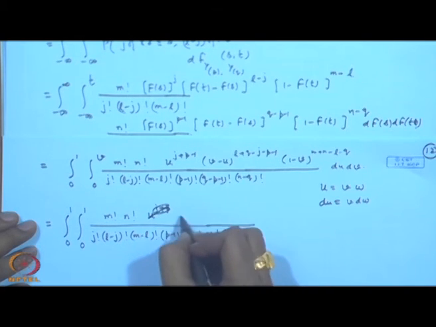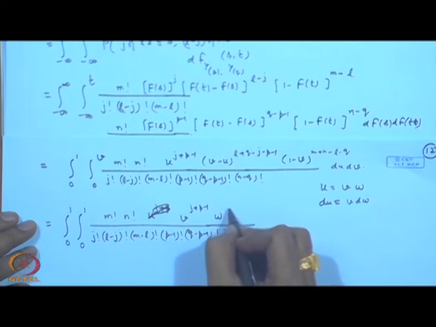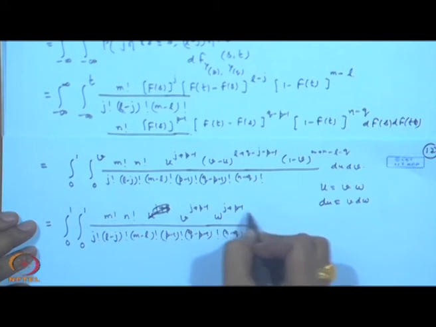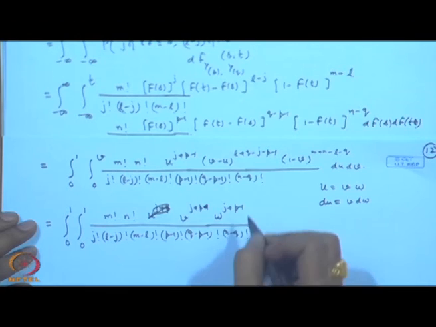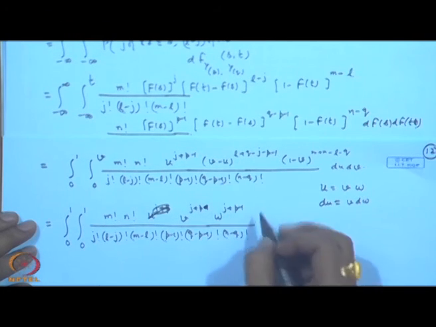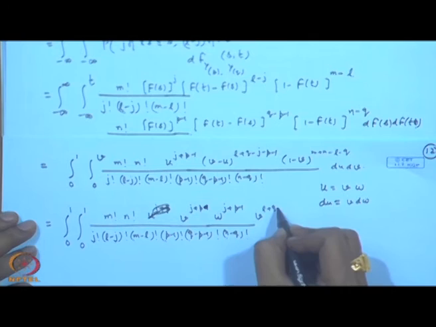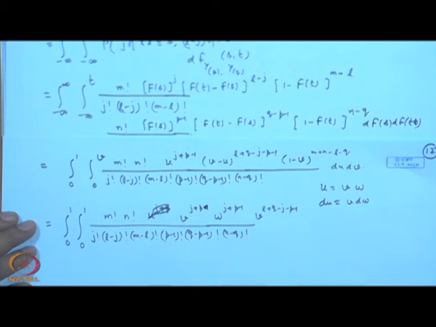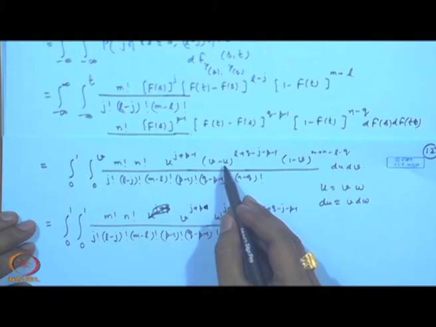Then you have u to the power j plus p minus 1. So, that is becoming v to the power j plus p minus 1, w to the power j plus p minus 1, and then one v is coming here also. So, I will put here this. Then here you get v minus v w. So, another v is coming out, to the power l plus q minus j minus p minus 1, and then you have here v w.